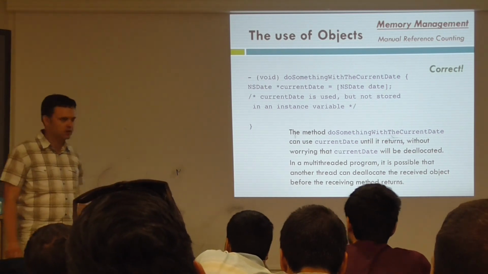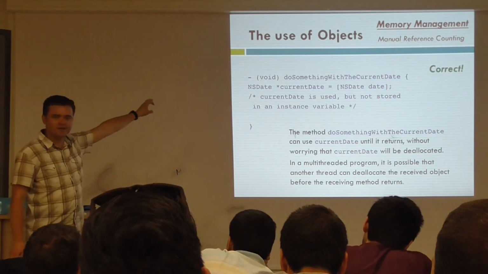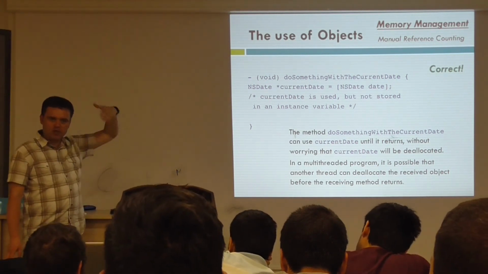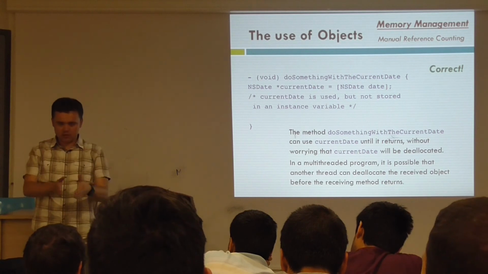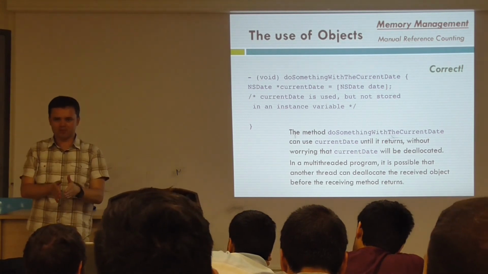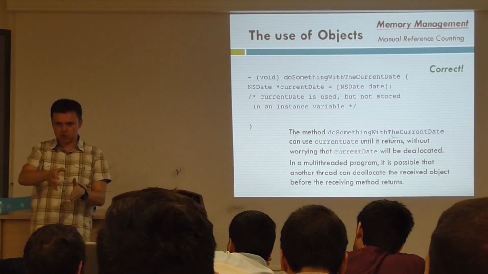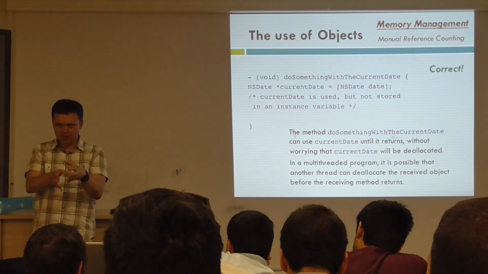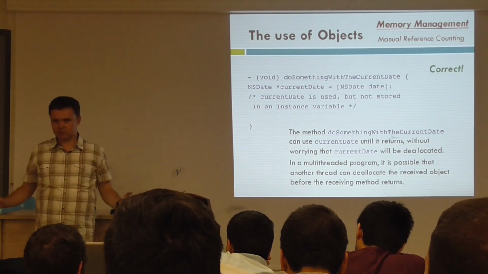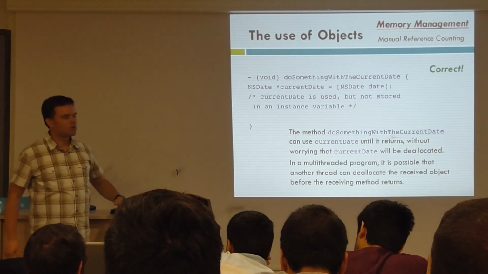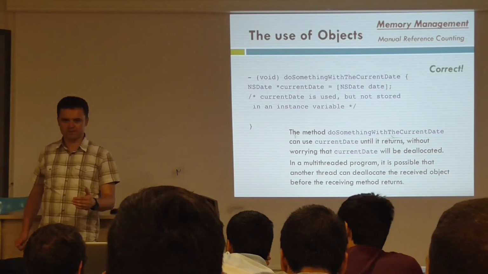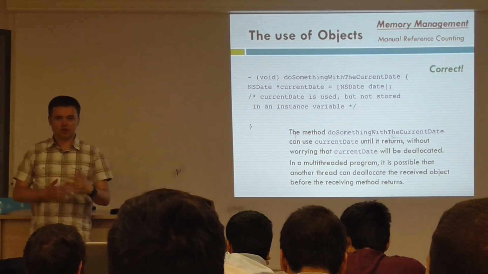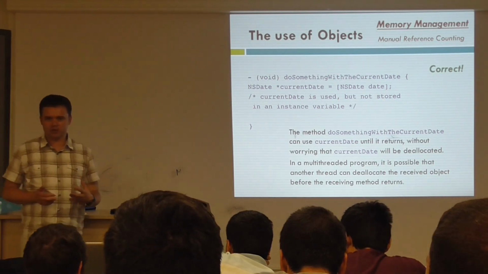We can use it because we are in that code now, and if there's one thread, there's no problem, because we can be sure that our method is called now, and maybe later this object will be released. But we don't take care of it.